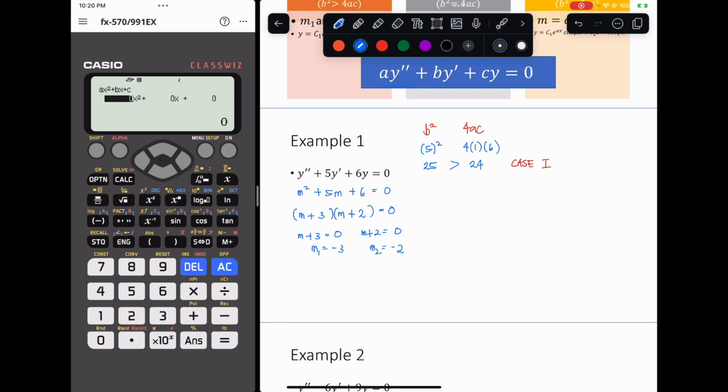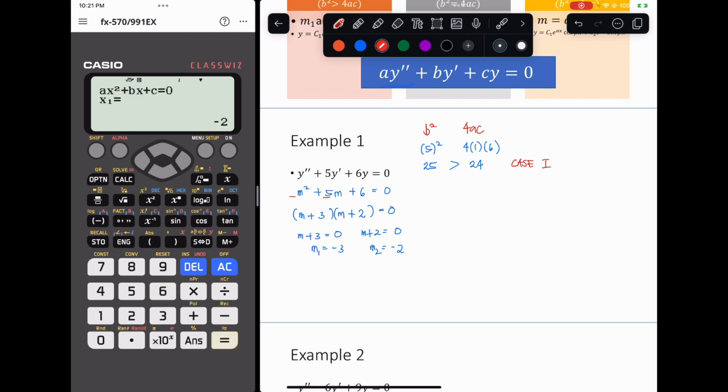And then from here, it would show x squared, so we just write the coefficient. The coefficient here is 1. So we type 1, then equal sign, and then for x, that would be 5, equals, and lastly we have 6, equals.